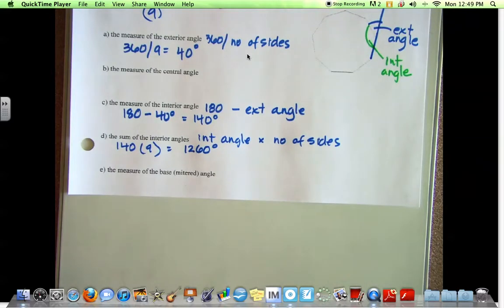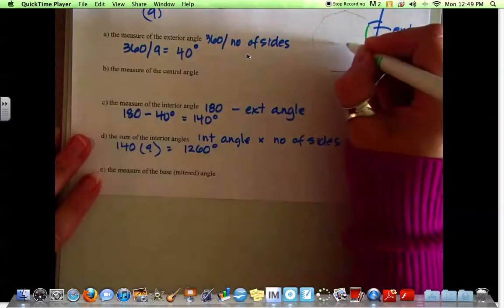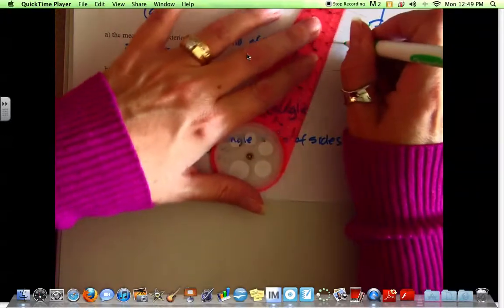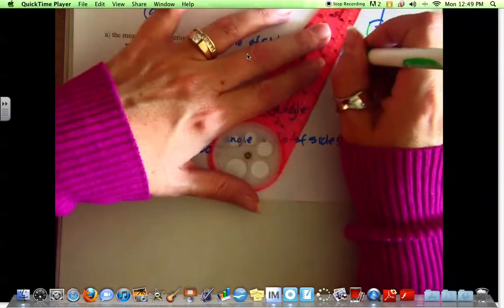All right, I can take the nonagon and break it up into what shapes? Triangles, very good. So I'm going to break this up. I'm just going to do one triangle. How many triangles are in here? 9.